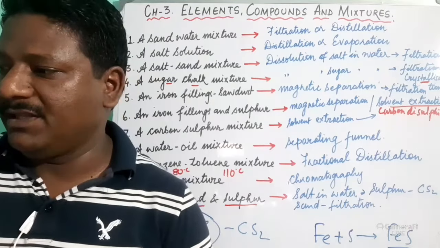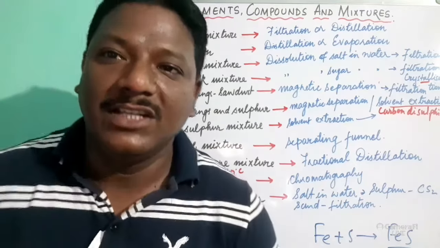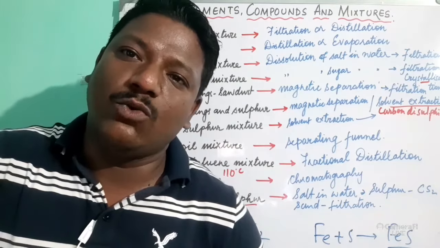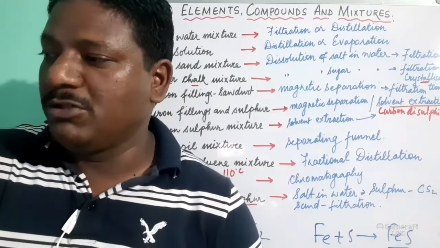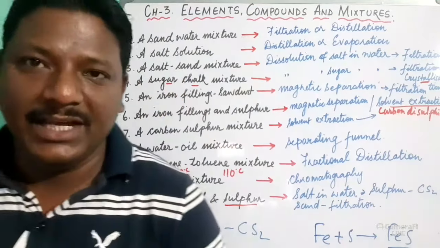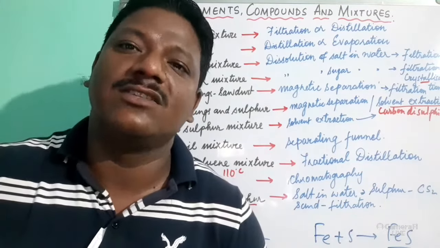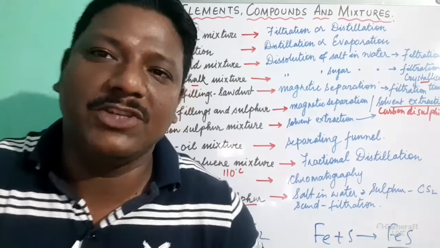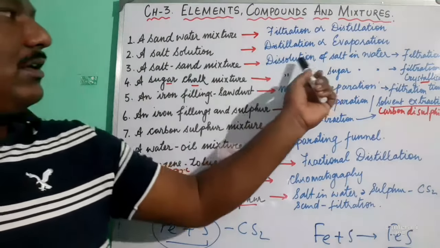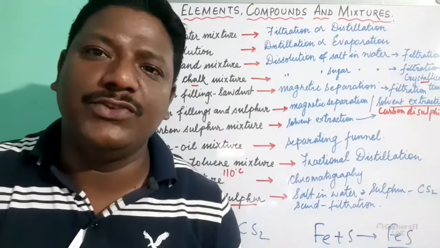Number 3 says describe the separation of salt from sand. This is a long answer question. Here you don't have to write only the methods, you have to describe the separation of salt from sand. How will you do it? At first we will put water in the mixture. As we put water in the mixture, the salt dissolves in water, and then you use filter paper to filter it.